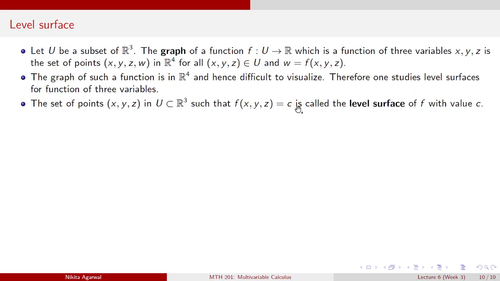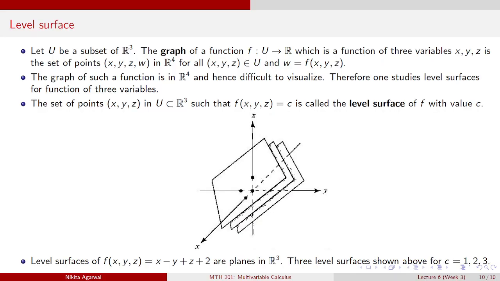So you put the function equal to a constant. You look at this equation f(x, y, z) = c, and that is the level surface of the function with value c. So you have reduced your problem to R3 now, right? Because we can't visualize things in R4.